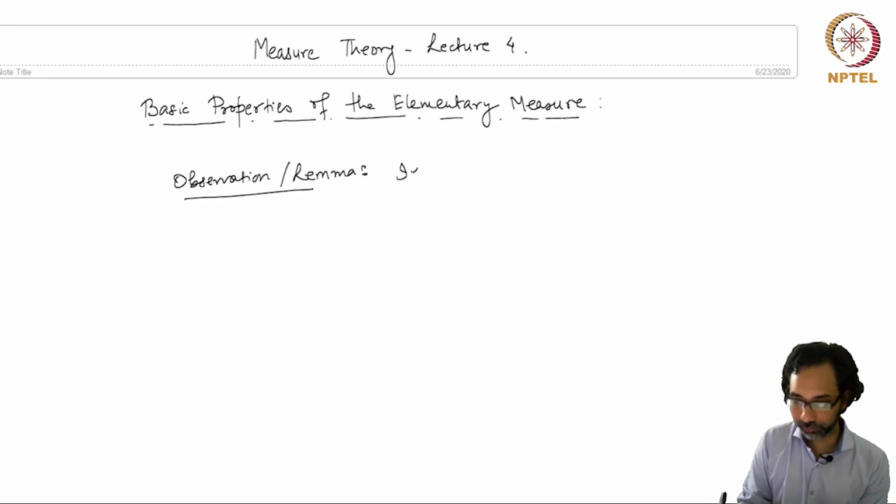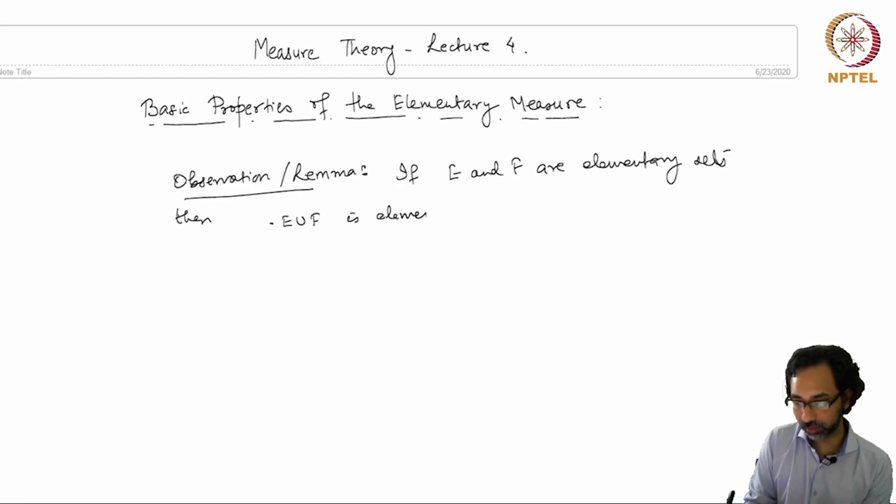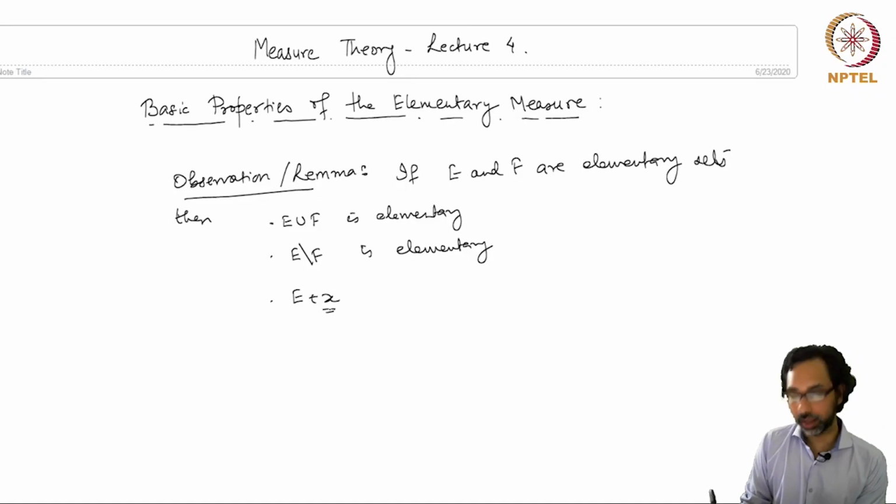It is that if E and F are elementary sets, then E union F is an elementary set, E set minus F is an elementary set, and E translated by an element x for x in Rn.